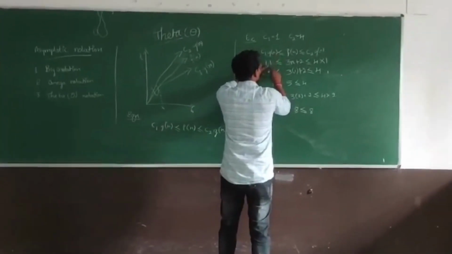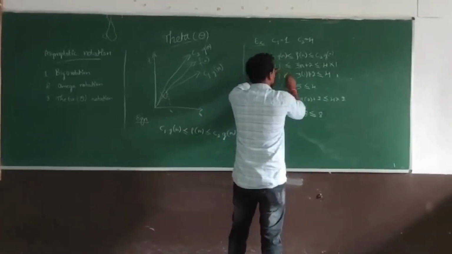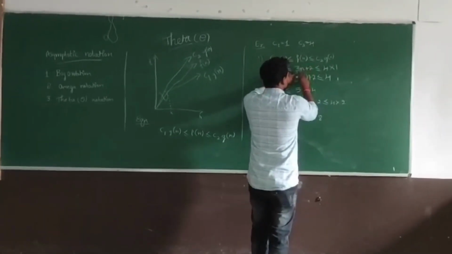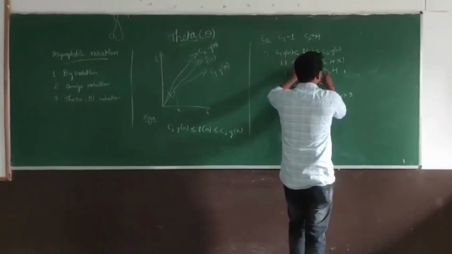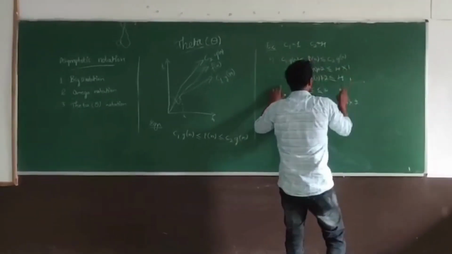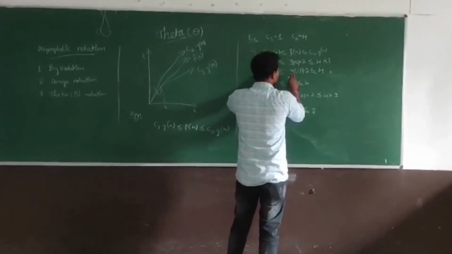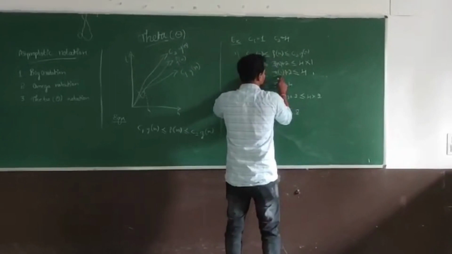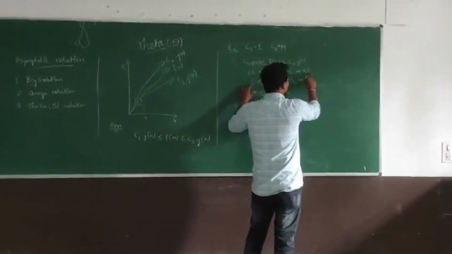Let n be 1. So 1 into 1 is less than or equal to 3 into 1 plus 2, which is less than or equal to 4 into 1.